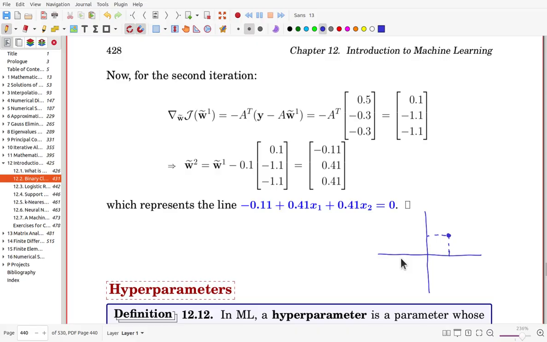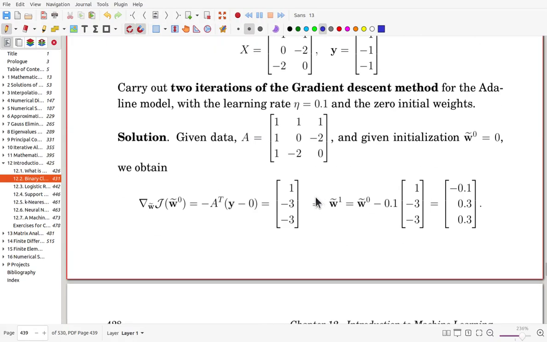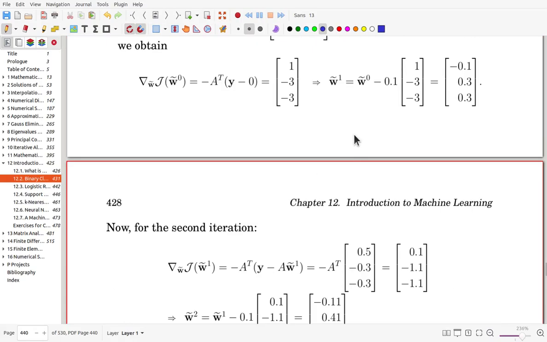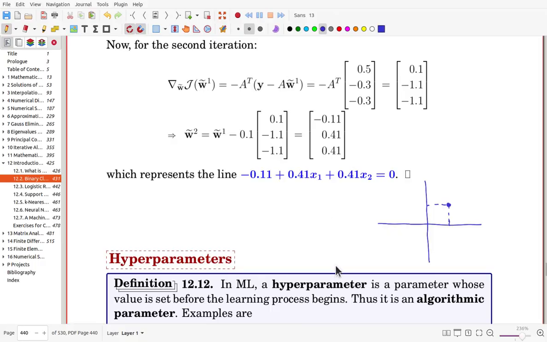And (0,-2), and (-2,0), so we have another point here and another point here. We have three points, and this one, (1,1), is class 1. These two are class minus 1.